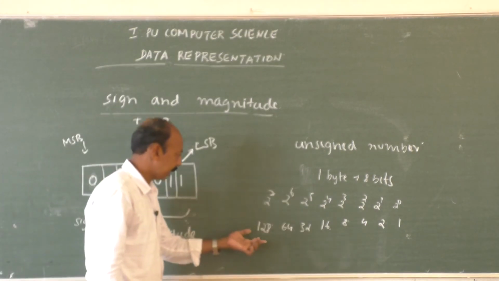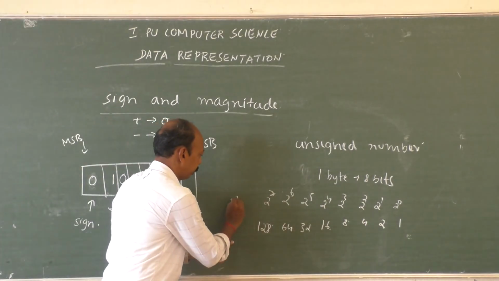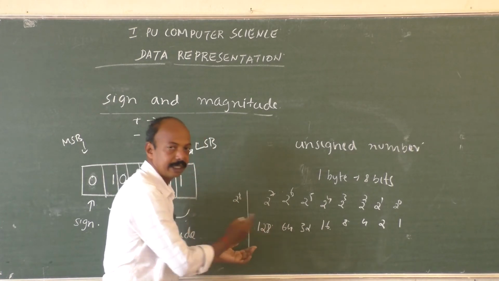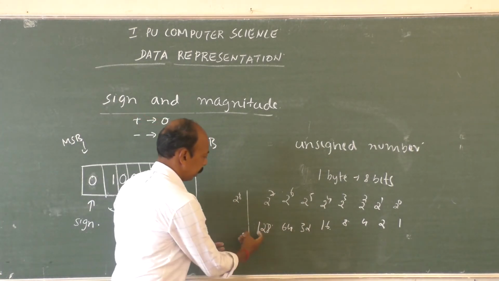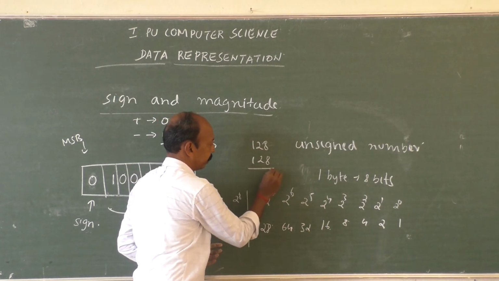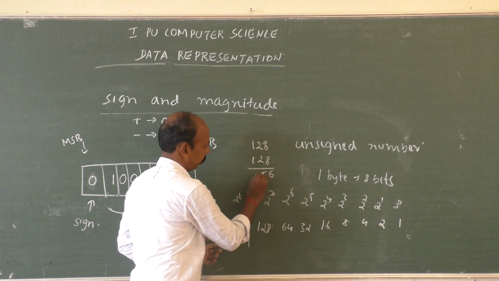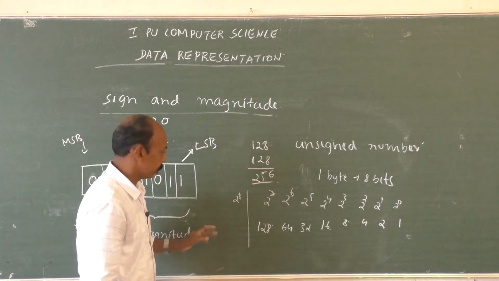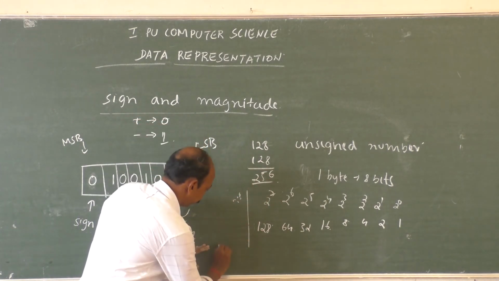If we have one extra bit, that will be 2 to the power 8, which will be the next byte, double of 128, that is 256.